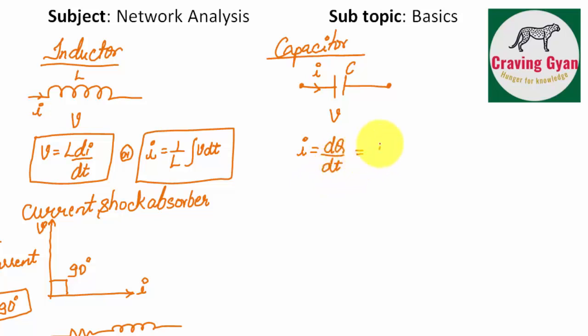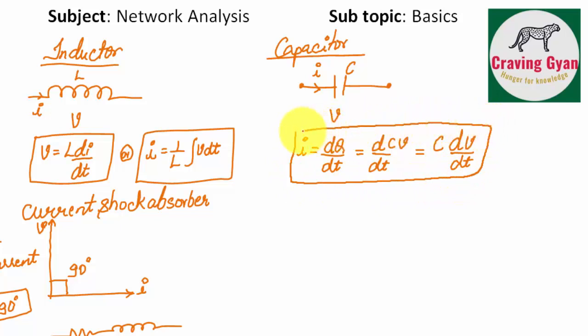What is q? q equals C into V. Differentiation of any constant will be 0, but along with the constant, one more element is changing with respect to time. So the constant I will take outside. Why? Throughout my experiment, capacitance is constant. So C is taken outside: C into dV by dt. So what we got is I equals C into dV by dt.